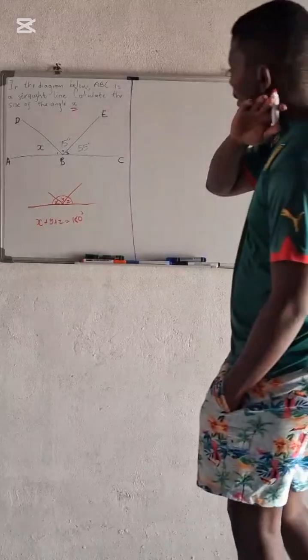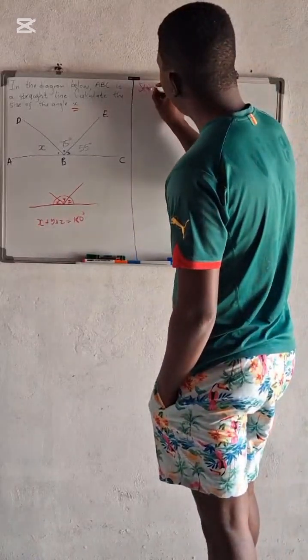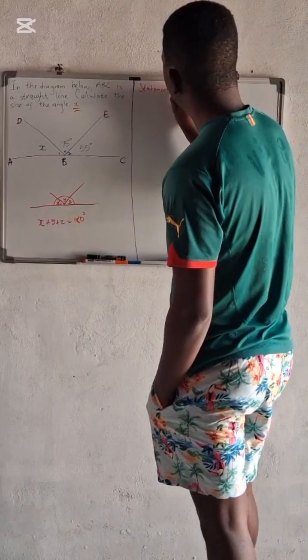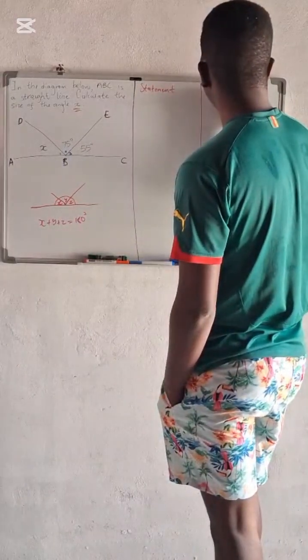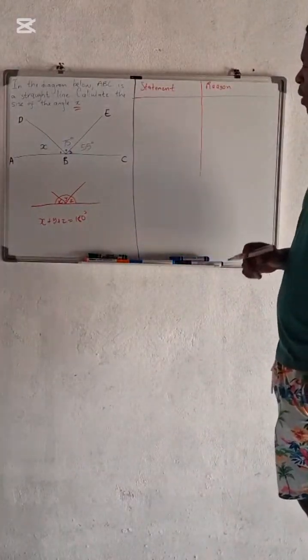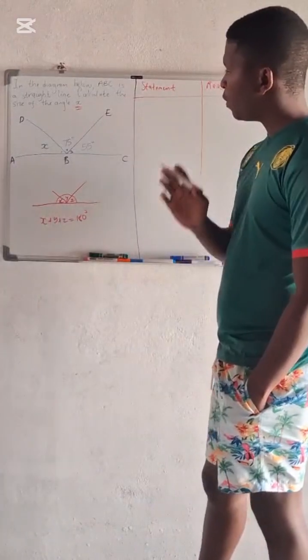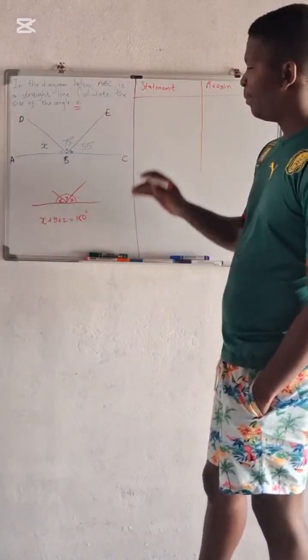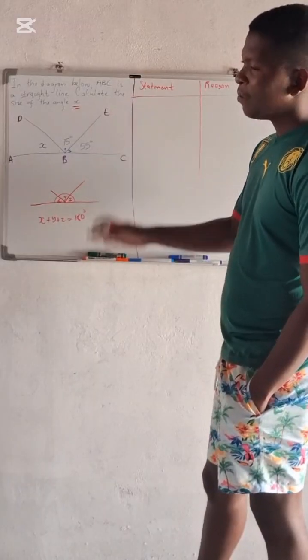Since this is geometry, I have to say statement, remember, and reason. We did this in grade 8. This is a grade 8 question. It's easy, but you need to know it. All I want you to do, grade 8, grade 9, do not lose these marks.